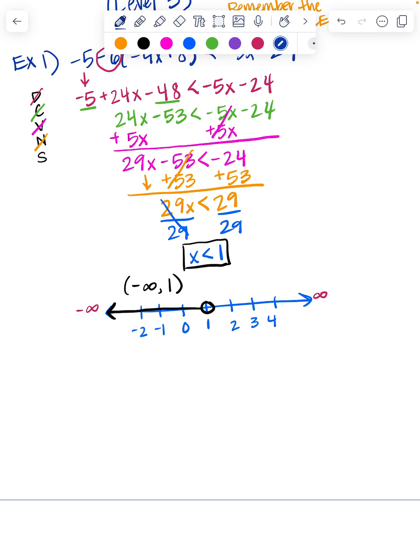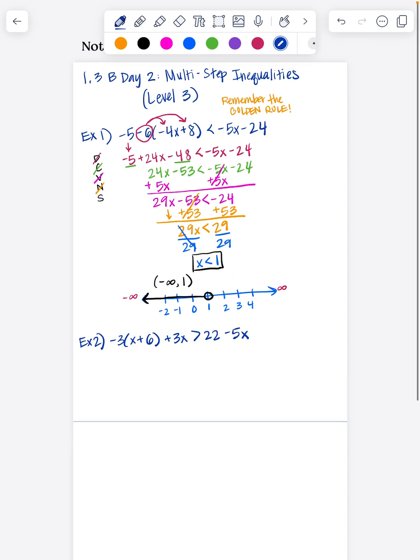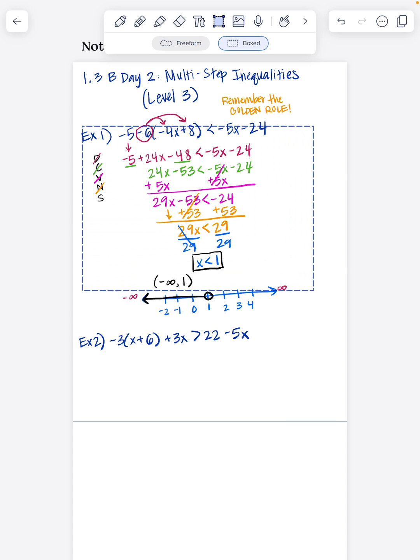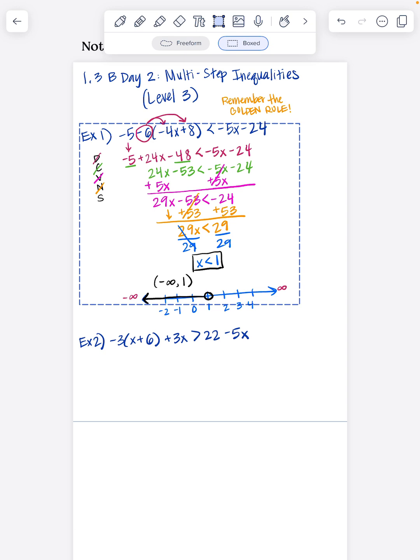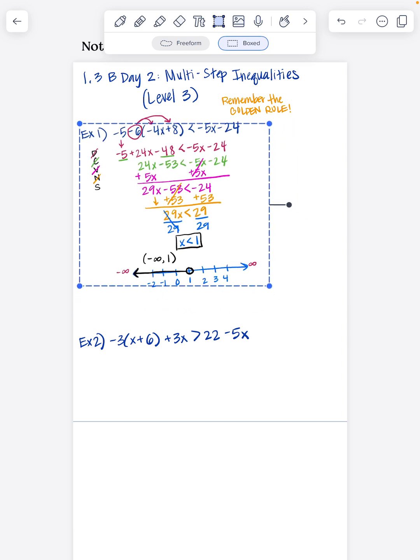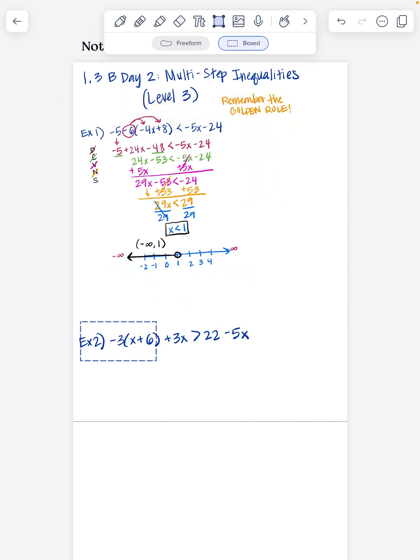Example 2. I'm going to try to make this a little bit smaller to give me more space.